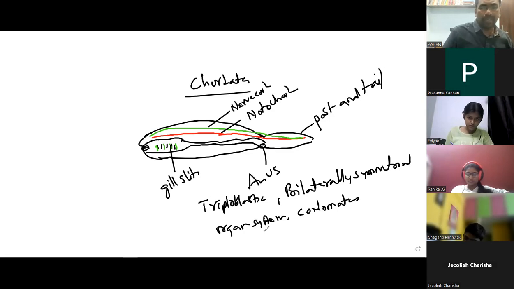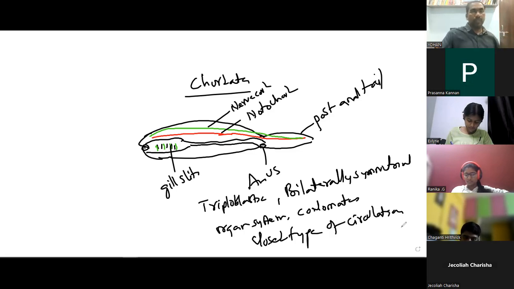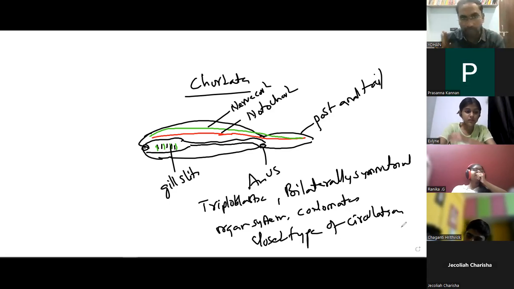And the circulatory system is closed type of circulation. So triploblastic, bilaterally symmetrical, organ system, coelomate, closed type of circulation. These are the features of chordates.